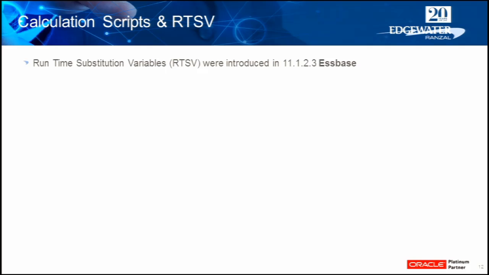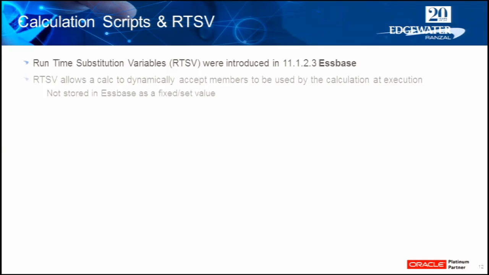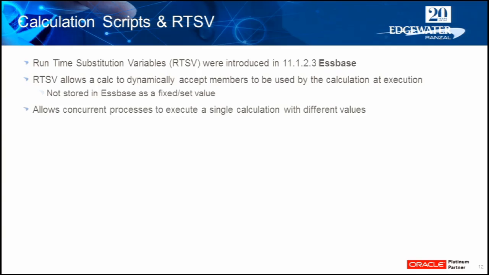At runtime, you're submitting or substituting in a value for what the calculation should use in that execution. Really powerful things. They're not stored in Essbase. They're purely an in-memory thing. They allow concurrent processing for a single calculation script with different substitution variables being used.